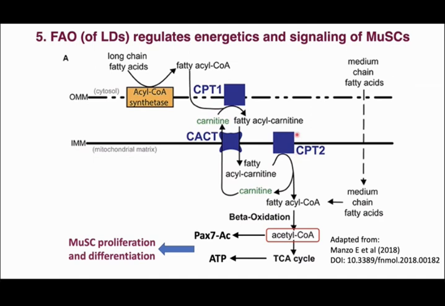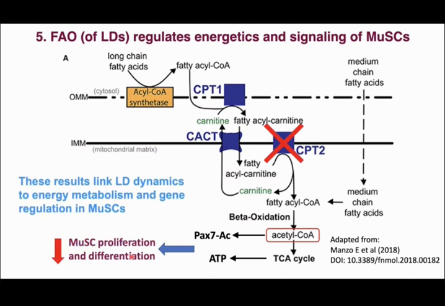Specifically, if we knock out CPT2, we are blocking the FAO here. The consequence is that, on one hand, it reduces acetyl-CoA, and reduction of acetyl-CoA will impair the TCA cycle, which reduces production of ATP. But reduced acetyl-CoA also reduces acetylation of this key gene that is important for SADA stem cell function. And this affects SADA cell regeneration.